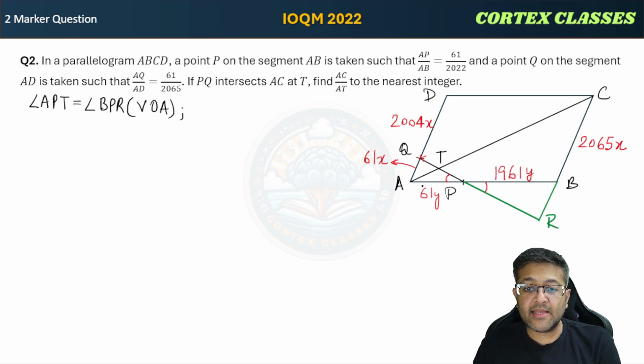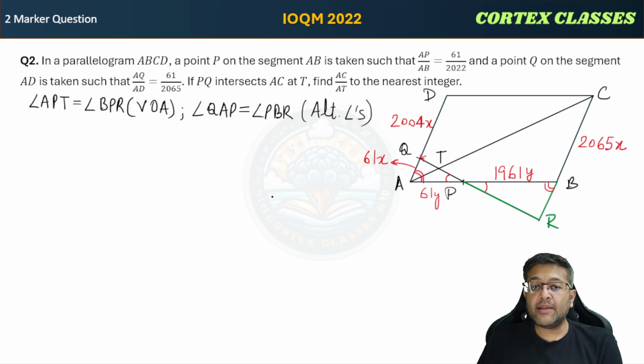Other than this, can I say angle A, or you can say angle QAP, is equal to angle PBR? I'll mark it on the diagram. So this angle A is equal to angle PBR. How so? These are alternate angles, because it is a parallelogram, so those are parallel sides.